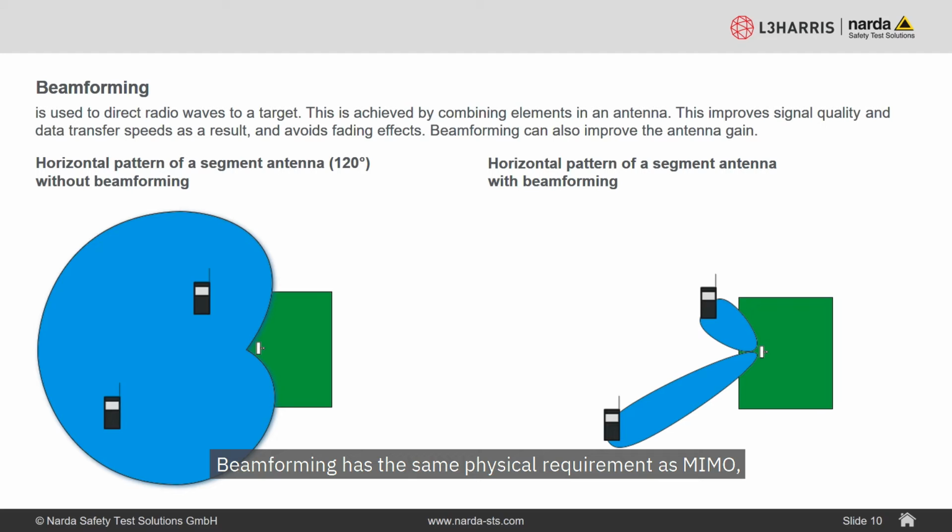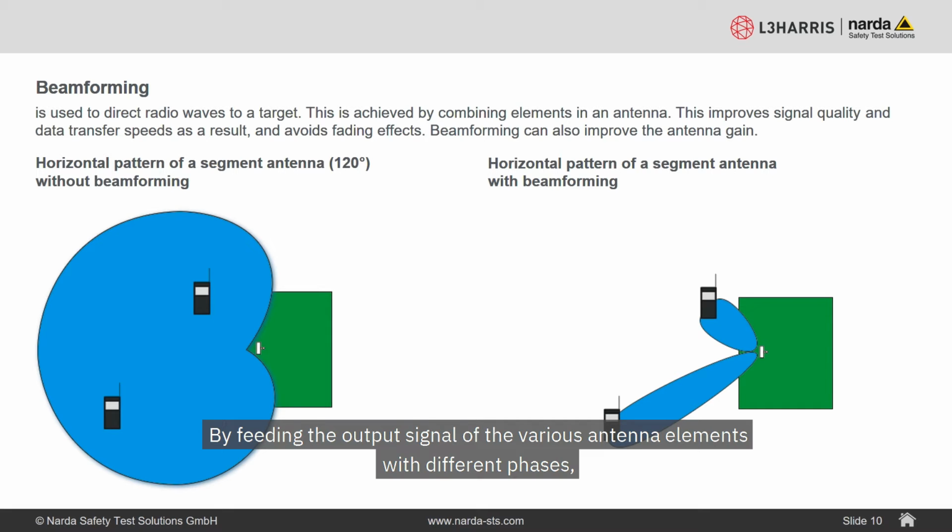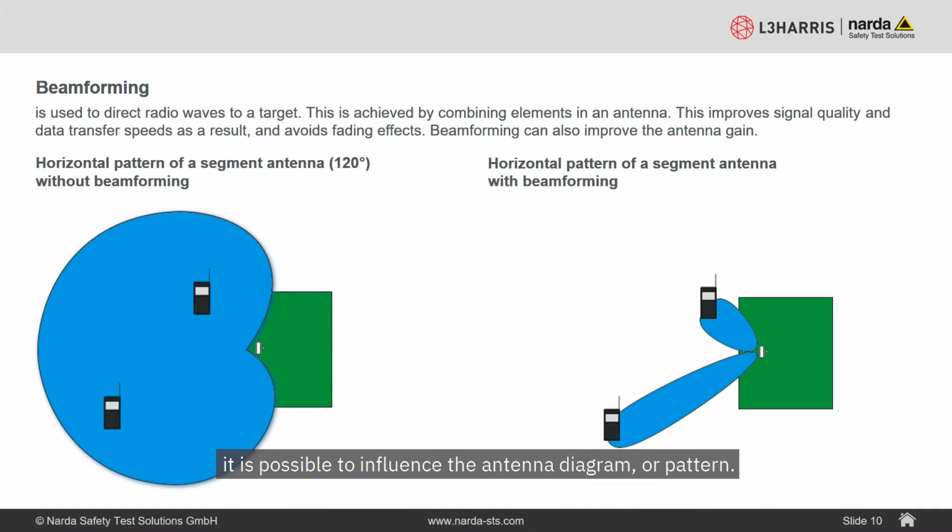Beamforming has the same physical requirement as MIMO, that is, an antenna that consists of several antenna elements. By feeding the output signal of the various antenna elements with different phases, it is possible to influence the antenna diagram or pattern. Without any mechanical movement, it is possible in this way to sweep the antenna or to change the directional characteristics.